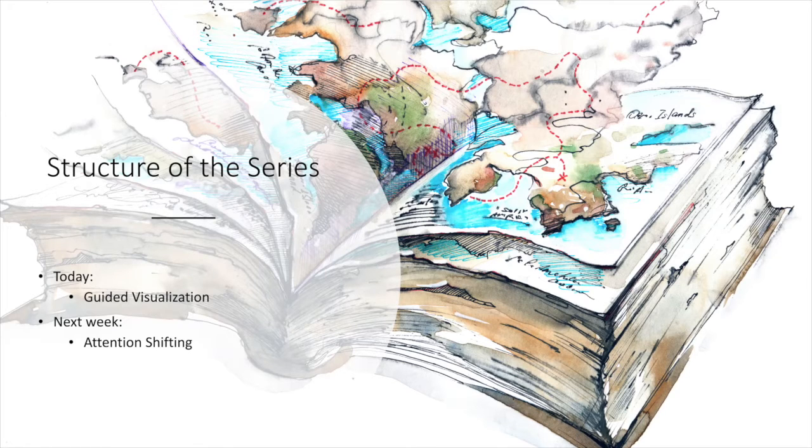But before we discuss guided visualization in detail, I want to remind you of our session next week. In part 7 of this series, we will discuss attention shifting coaching. It is a conversational approach to coaching, which I learned from one of my great teachers, John Overdurf, and it can create shifts quickly and easily on the way to achieving outcomes.